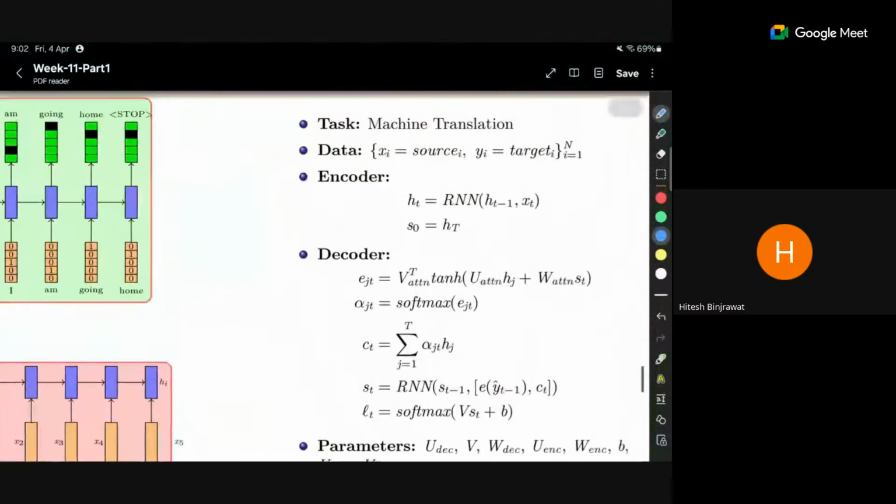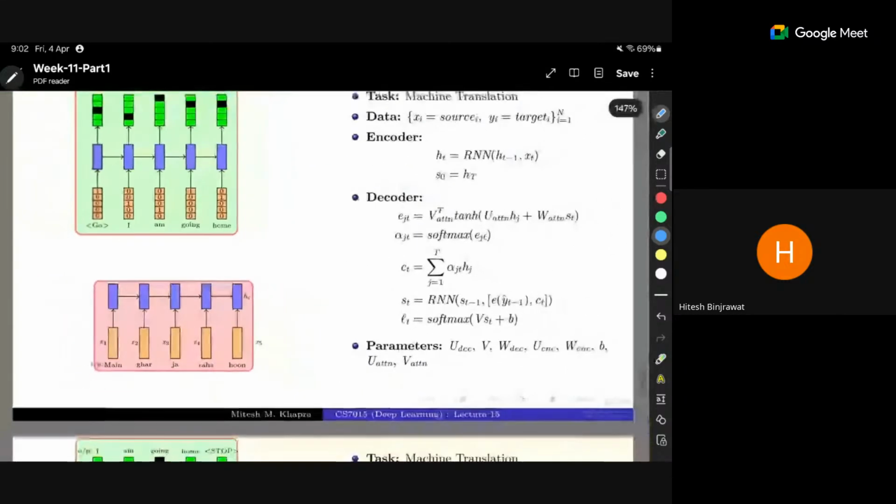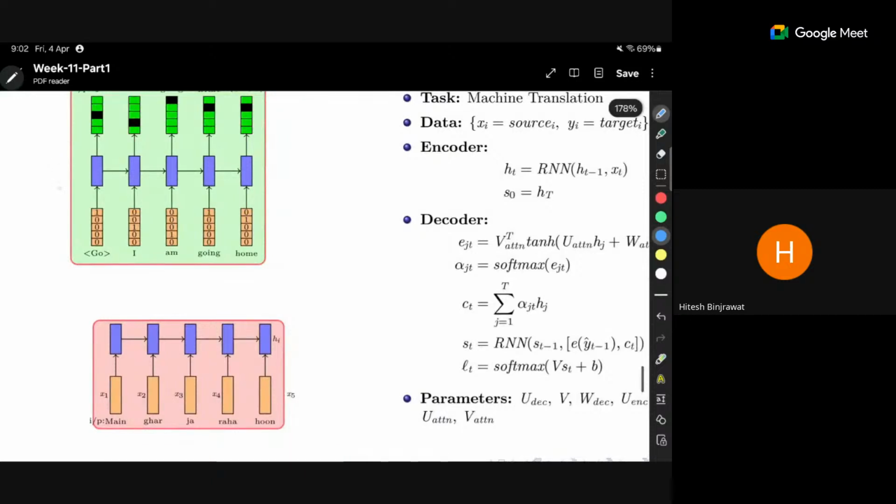What you will do next is, as you can see from the equation, use the CT which I found now and give CT also into the RNN. So this RNN now has different kinds of input. One is from X. In the decoder we have the one hot vector, mentioned as E y hat t minus 1, from the previous step.